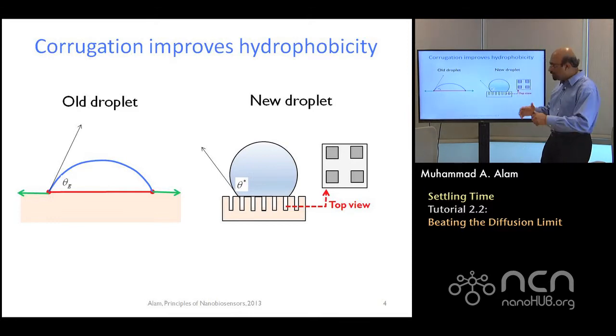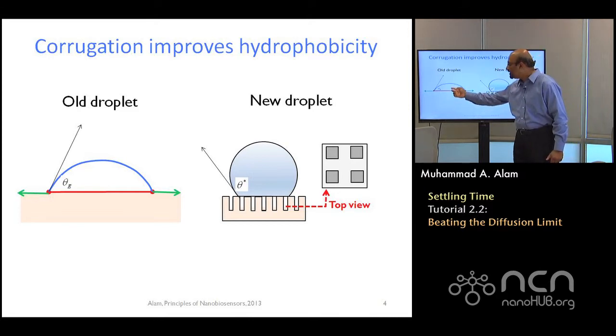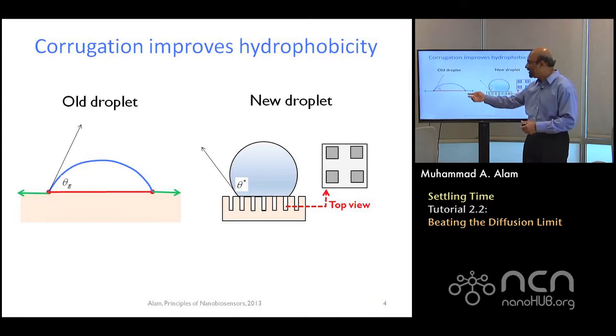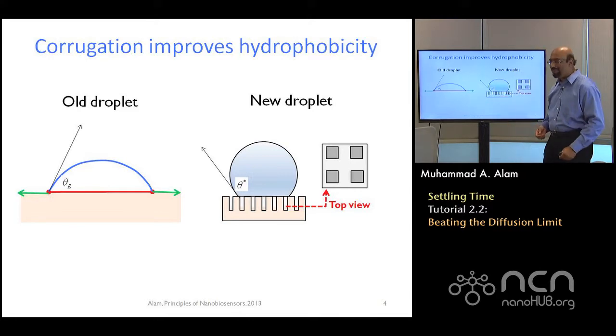Now, if you wanted to sort of pull it in and make it a droplet that is nicely centered, then what we said is that you have to weaken the interaction between the fluid and the solid. They like each other too much. That's why they have been sort of pulled apart.